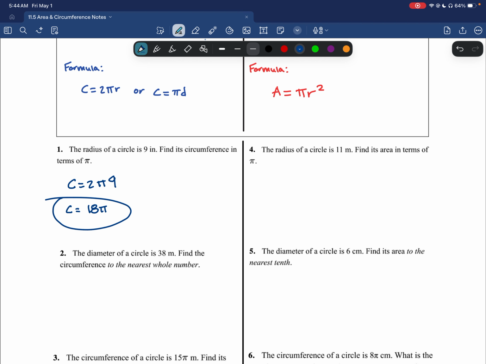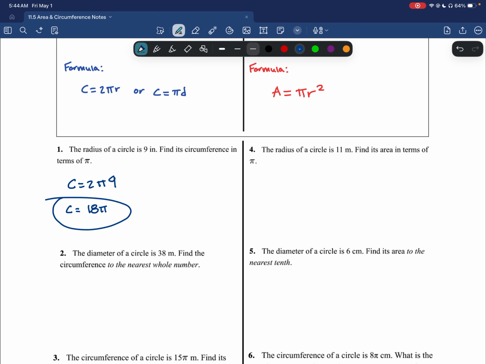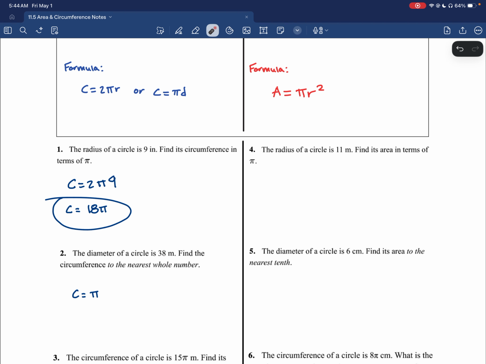Question 2. The diameter of a circle is 38 meters. Find the circumference to the nearest whole number. So still finding the circumference. This time it gives me the diameter though, so I'm going to use the equation with the diameter. Circumference is equal to pi times my diameter, which is 38.